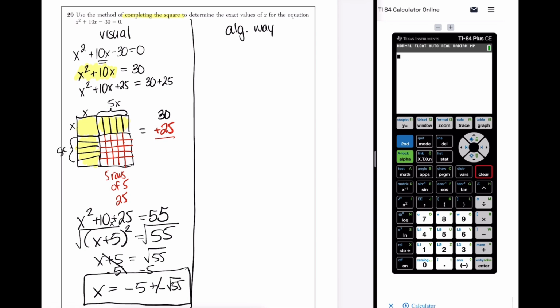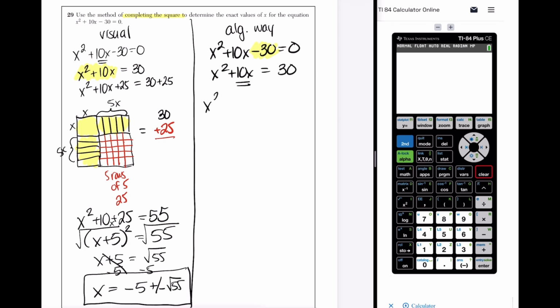Now let's go at it algebraically. So x squared plus 10x minus 30 is equal to 0. First thing they usually tell you to do is, if it's not truly a square, we're going to move this part over. So we ended up with x squared plus 10x is equal to 30 because you added 30 to both sides. Okay? Then they usually say you're going to take this number and you're going to half it and then square it.